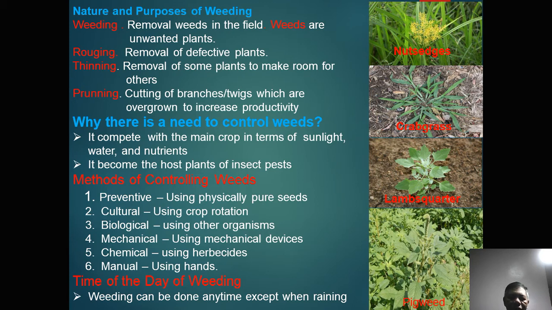In order for the nutrients of the plants to be carried to the different parts which are important.